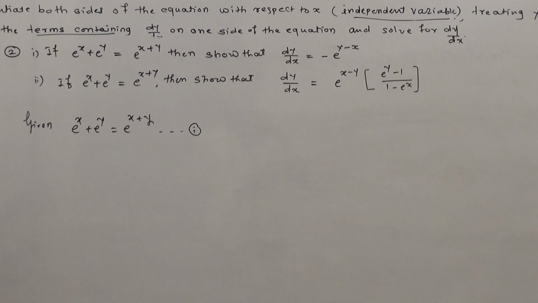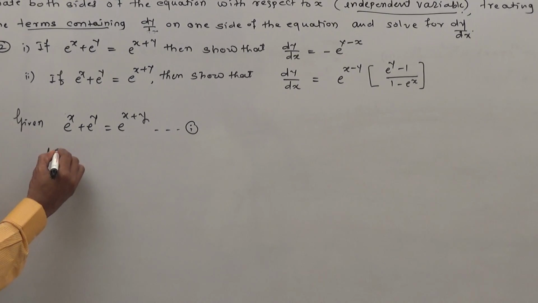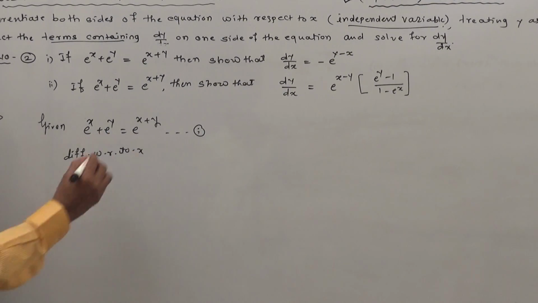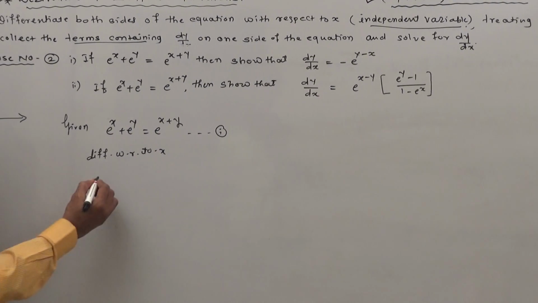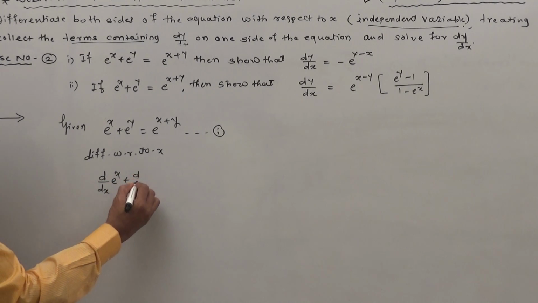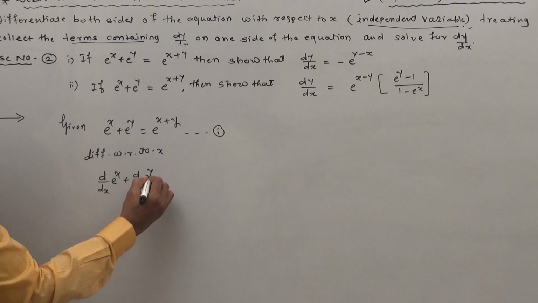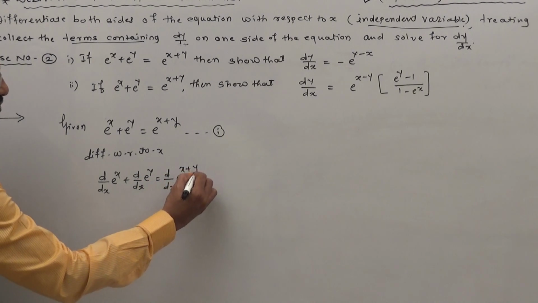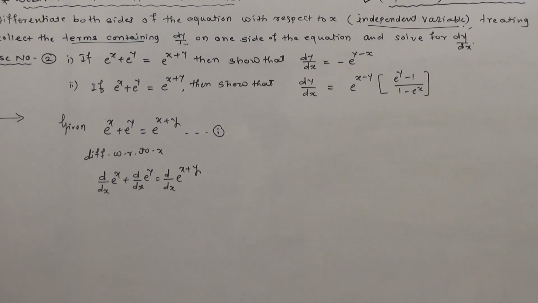Now differentiate this function with respect to x. Then the derivative of e raised to power x plus the derivative of e raised to power y is equal to the derivative of e raised to power x plus y.